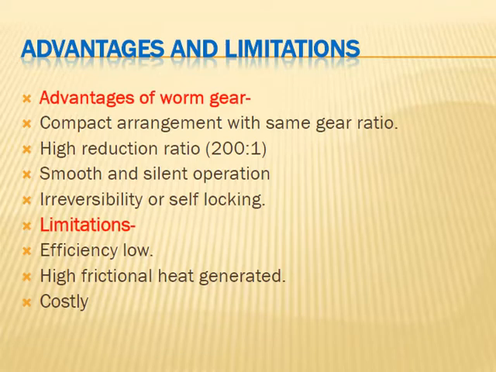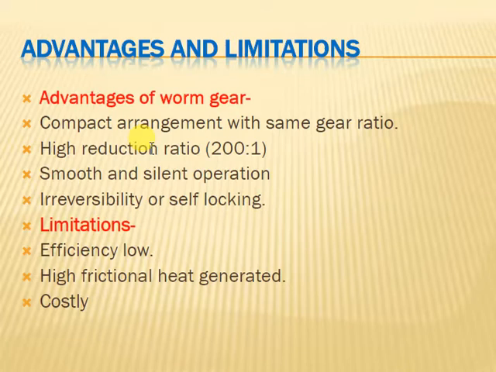The worm gear drive can be used for high reduction ratios, up to 200:1 within a single stage reduction. This is one of the most important advantages of the worm gear, a high reduction ratio compared with spur, bevel and helical gears, and the operation is very smooth and very silent.